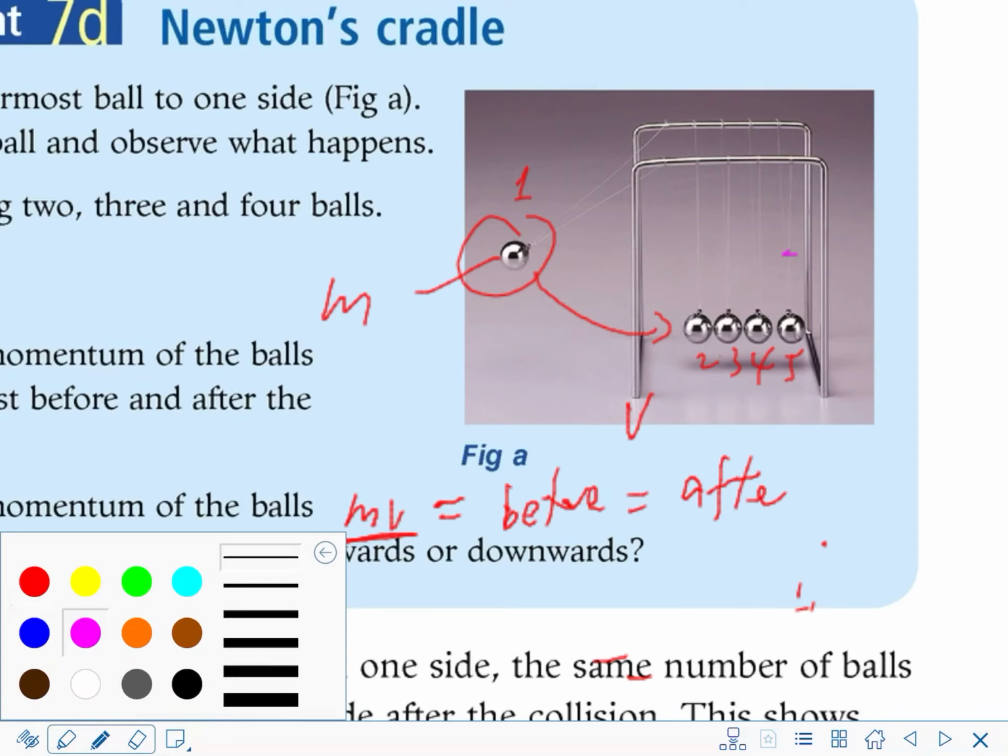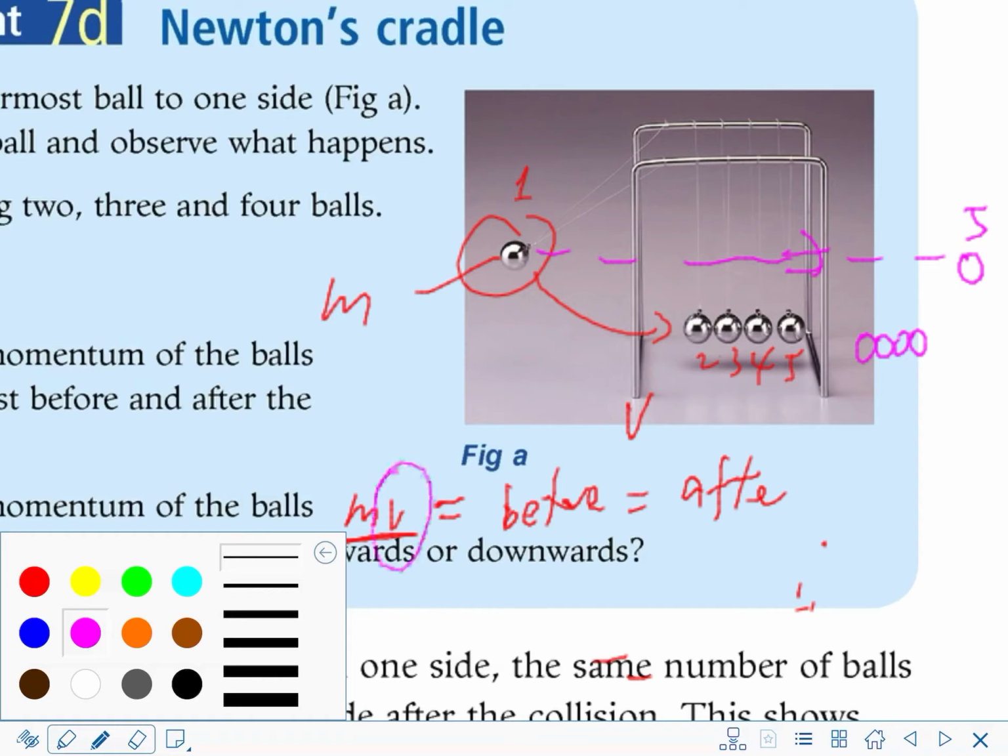So you can predict the movement of the balls. Ball 1, ball 2, ball 3, ball 4 are all at rest, but ball 5 would rise to the same height, because ball 5 moves at a speed of v also. It goes back to the same height as the original position of ball 1.